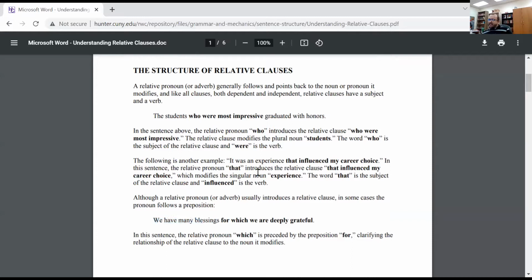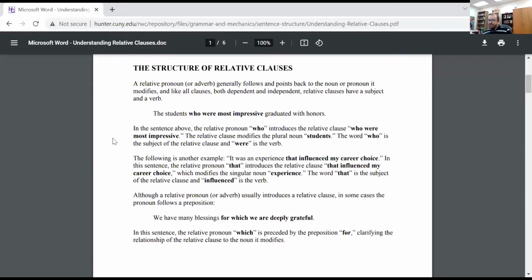We see some other examples. It was an experience that influenced my career choice. If you didn't have the that there, you could just say it was an experience, period. That would still make sense. Anytime you have a sentence within a sentence, that's when you need to think about which word do you use.